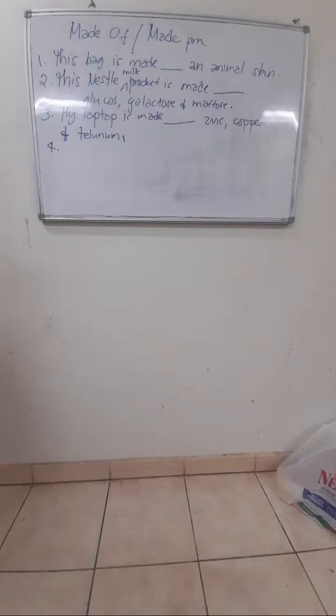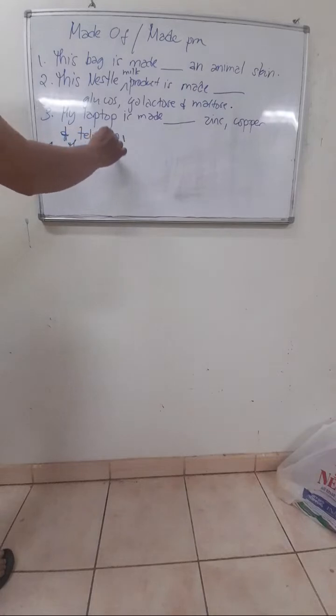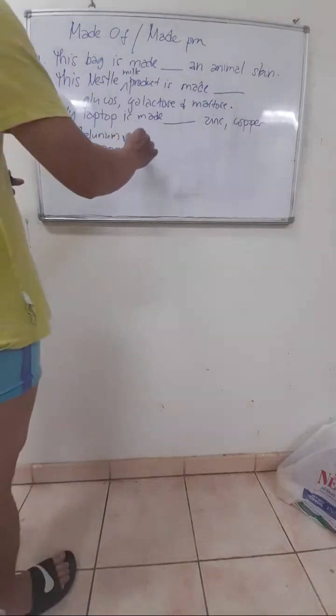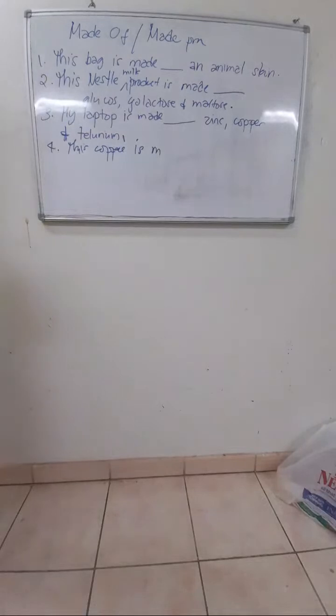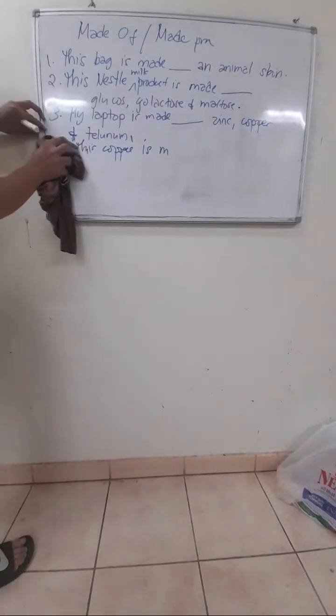So let's stop with the cocoa only, in order not to make it more complicated, right? This coffee is made of, I mentioned already, sorry. I will erase this. Get the point?